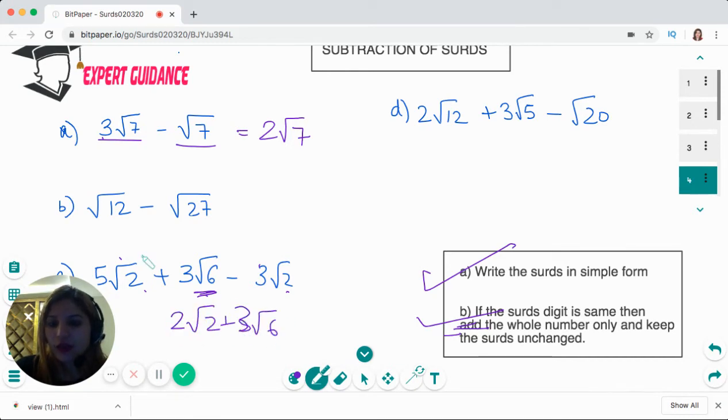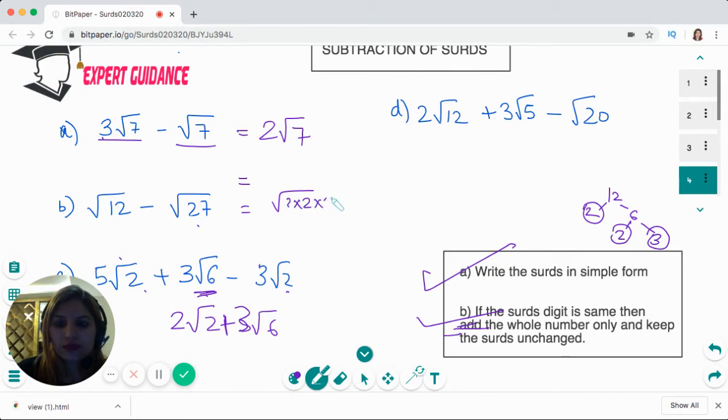Now for this question, square root 12 and square root 27 are not in their simple form. So first write them in their simple form. I'll start with 12. How can we write 12 in the simple form? It will be written as 2 times 6, and then 6 will be written as 2 times 3. So the prime factors of 12 are 2 times 2 times 3.